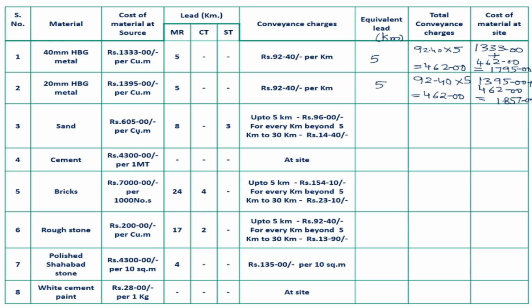Sand. Its cost at source is 605 rupees. It is taken in metal road and also in a sandy track road. So for a sandy track, increase the lead by 40%.